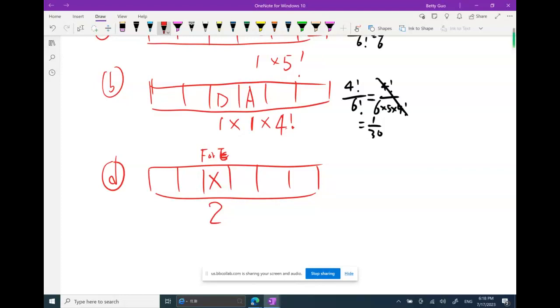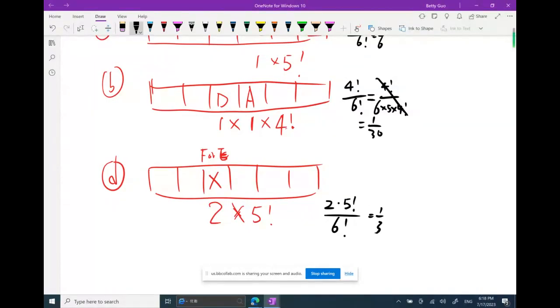The first step, you want to put a person in slot number 3. You have F or E, so 2 options. Second step, you have 5 people left, 5 slots left, and that's 5 factorial. So for part D, the numerator is 2 times 5 factorial and the denominator is 6 factorial. So it's 1 over 3.